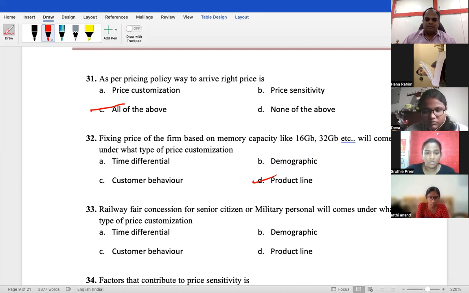Railway fare concession for senior citizens or military personnel will come under what type of price customization? A, time differential, B, demographic, C, customer behavior, D, product line. B, demographic.